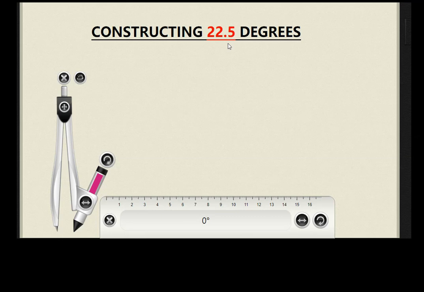Then after we've constructed 90 degrees, we can bisect 90 to get 45 degrees. After we've constructed 45 by bisecting 90, we can again bisect 45 degrees, which will give us 22.5 degrees.